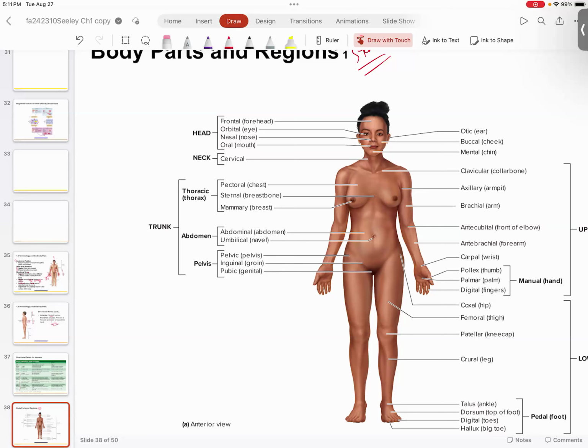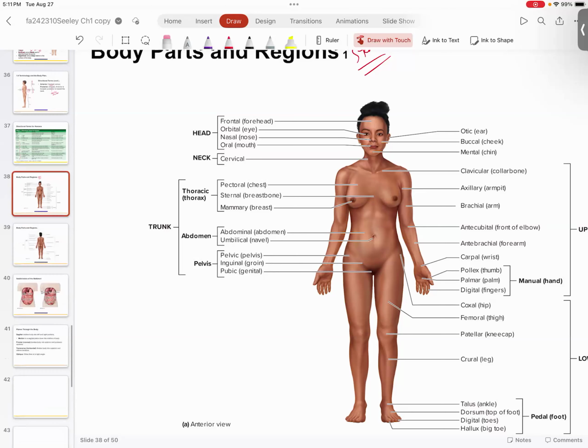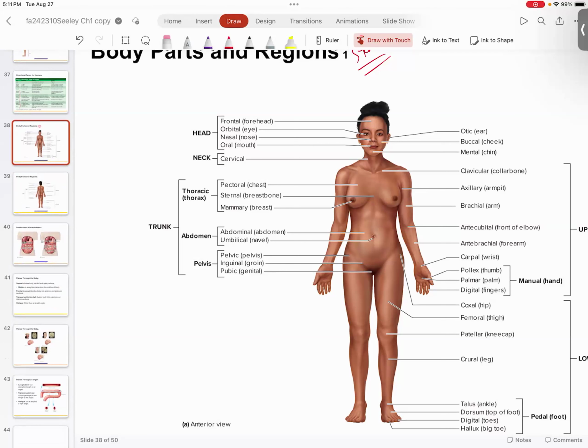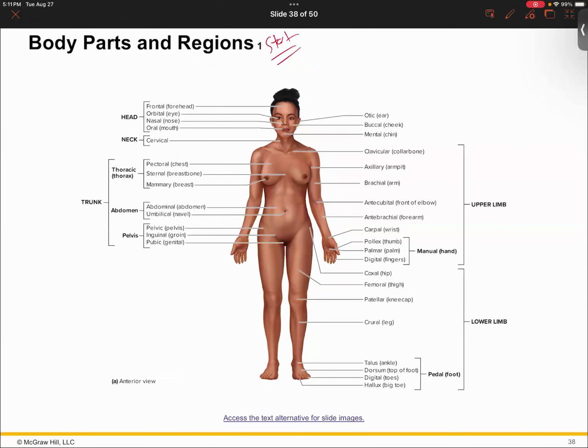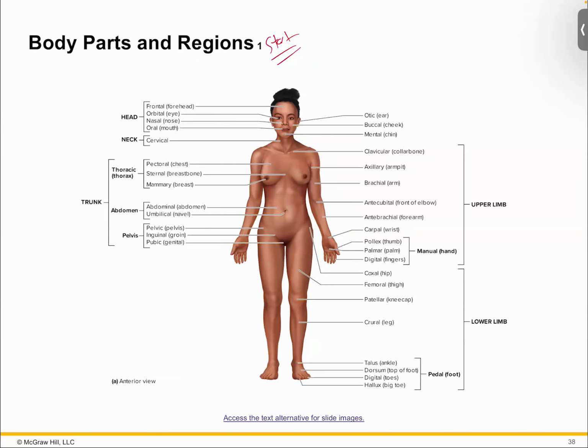So basically, we're looking at the body parts, right? And so we're going to be taking a look at regions now. First of all, the regions of the body are essentially listed, and the body parts are oftentimes mimicking the regions, right?